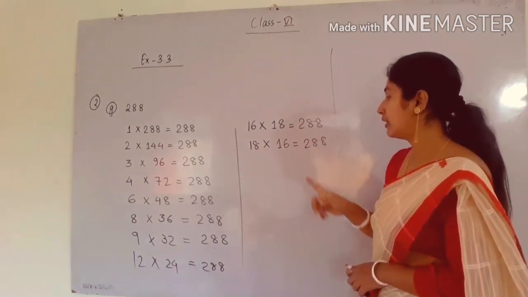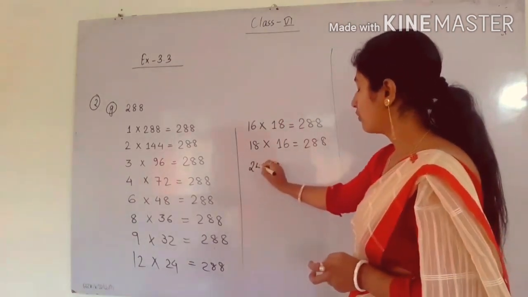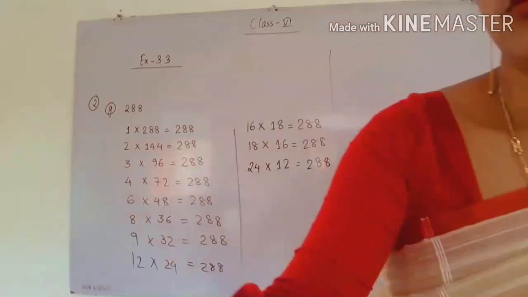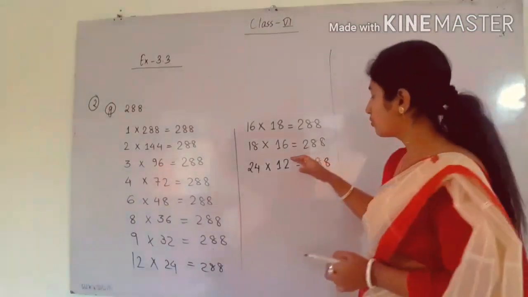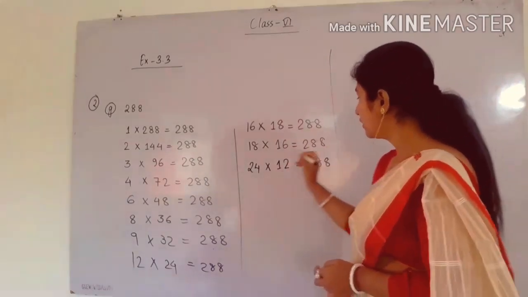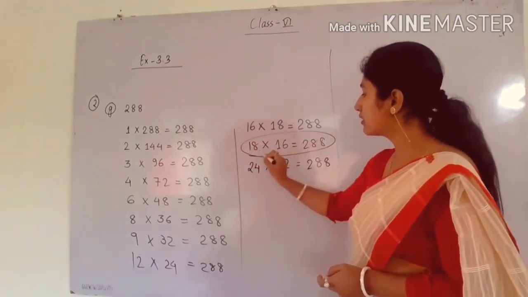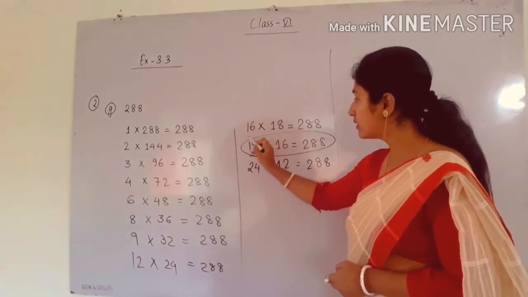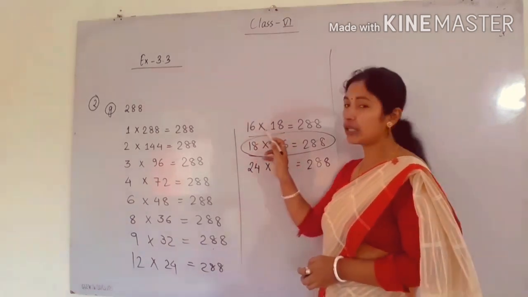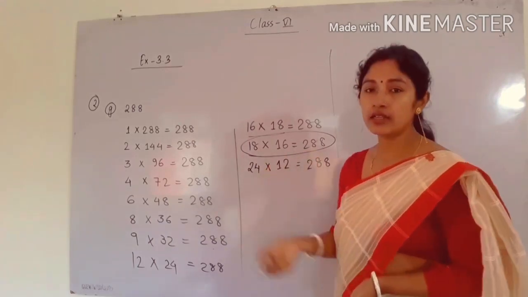Then next it will come in the table of 24. So when you multiply 24, this will go on, so you have to check. See this number and this number, you are writing the same thing 2 times. 16 multiplied with 18 or 18 multiplied with 16 is the same thing.